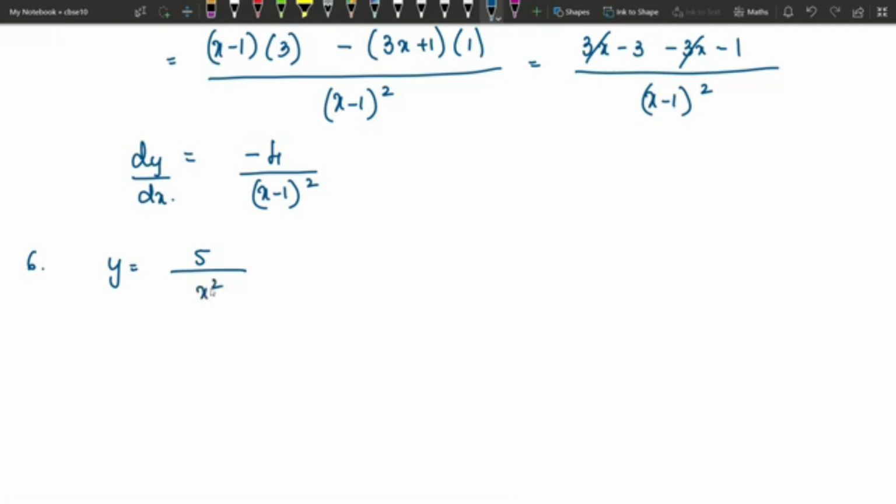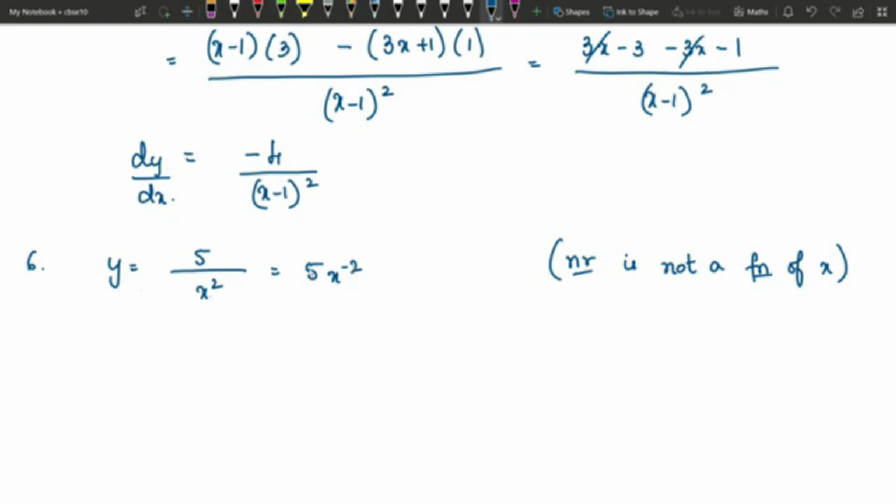Now here we will not apply quotient rule because numerator is not a function of x. Numerator is just a constant. Understood? Here we will not use quotient rule. Instead, we are going to bring this denominator to the numerator by negating its power. So it is plus 2. When it comes to numerator, its power becomes minus 2.